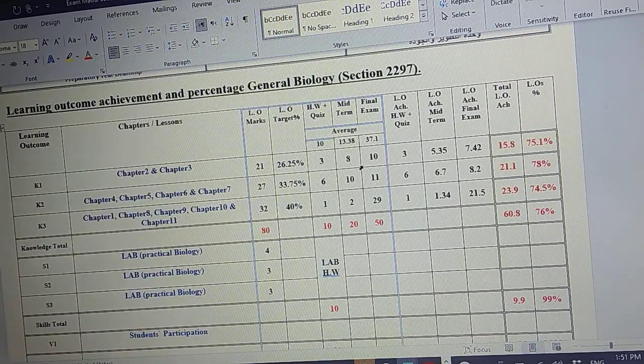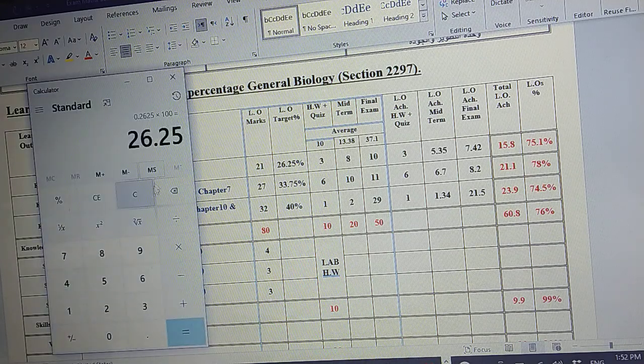For example, here, for the homework and the quiz, the mark is 3, and the total mark of homework and the quiz is 10. So I am going to divide 3 by 10, which is the total mark of homework and the quiz assessment method, times the average, which is 10.